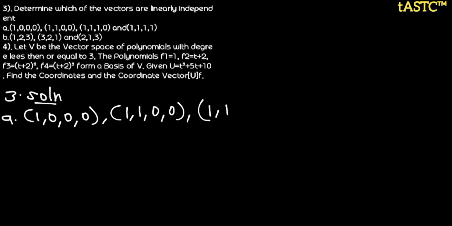And you have 1, 1, 1, 0. And the last vector is 1, 1, 1, 1. So we need to find out whether or not these vectors are linearly independent.